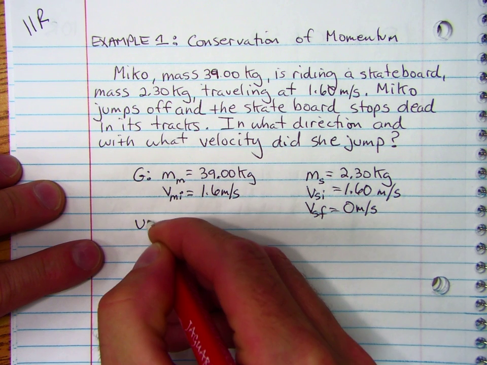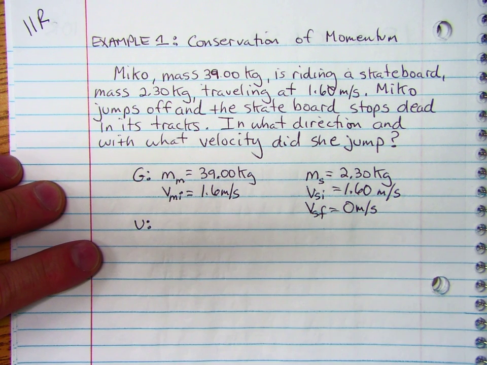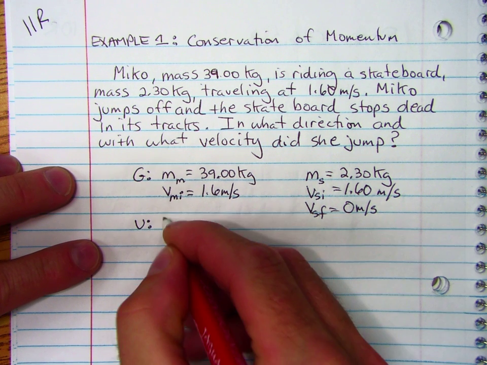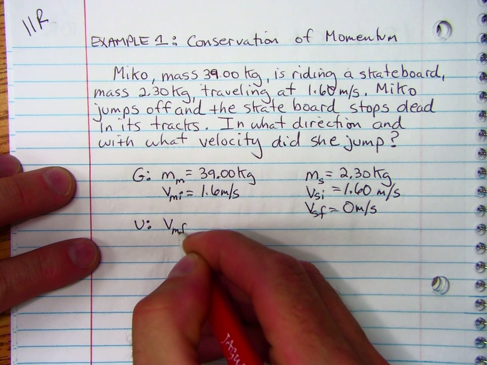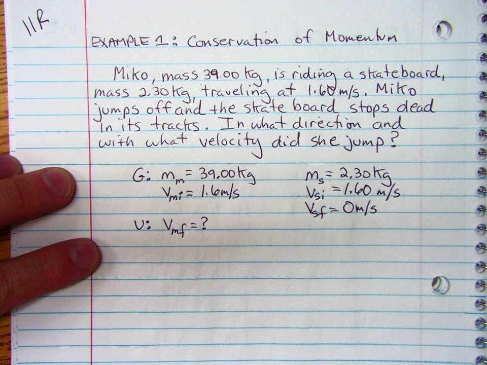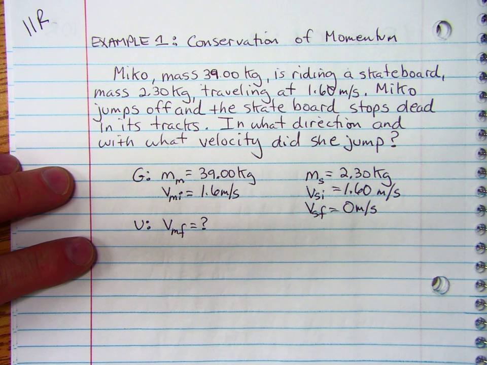So the unknown is the next part of our GUESS method, and the unknown we're looking for is the Miko final. Make sure you put the question mark. Now there might be other things we need to solve for in some of these problems, but we want to write down only what we're looking for in the unknown.